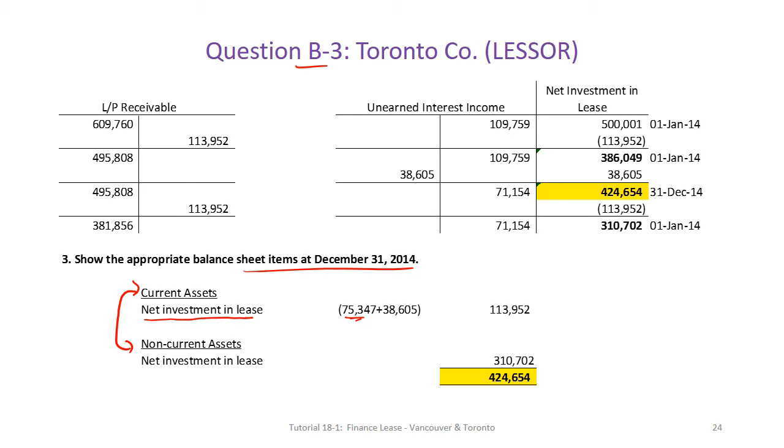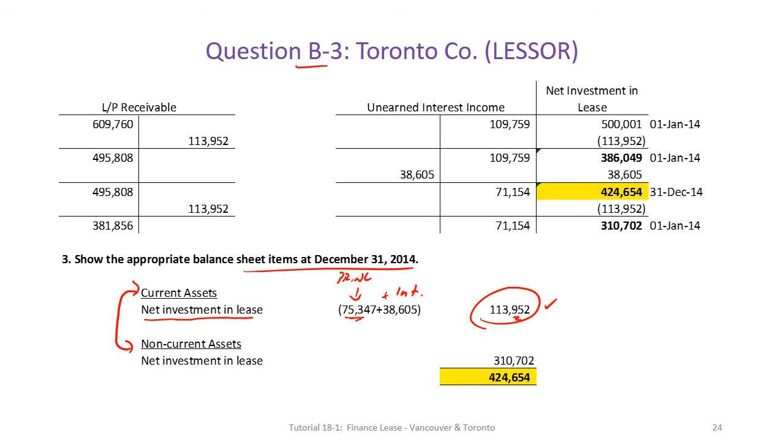So the current amount of the investment in the lease is always going to be the amount of the payment. This was the same thing as the lessee's current portion of the lease obligation being the payment. And so that consists of the principal reduction on the next payment plus the interest.